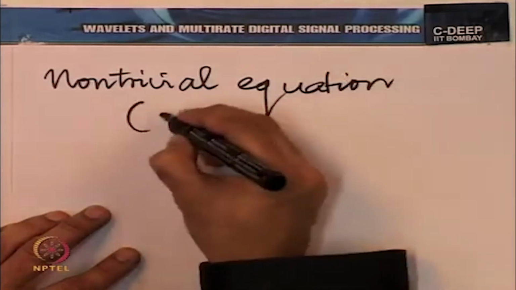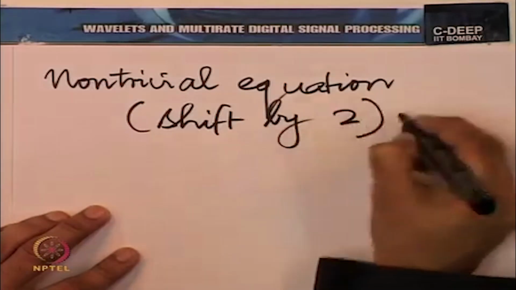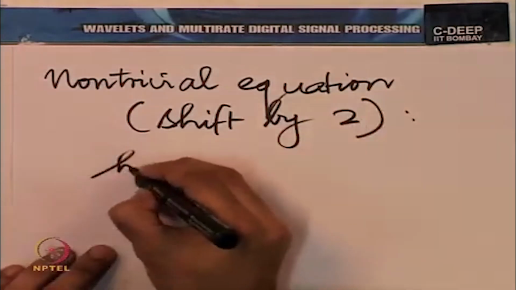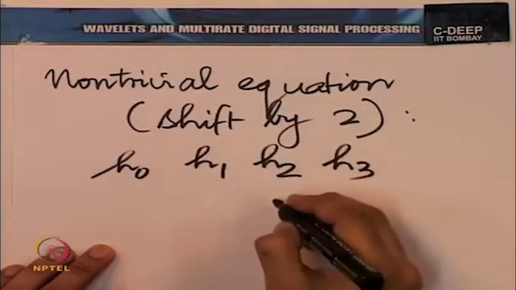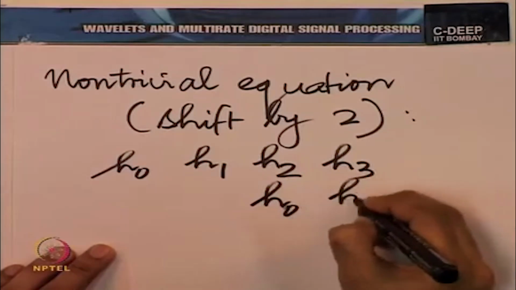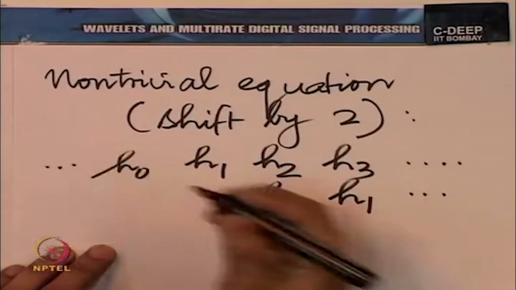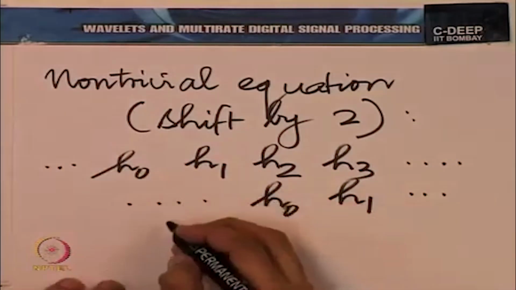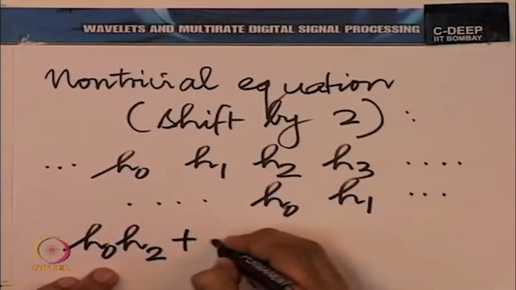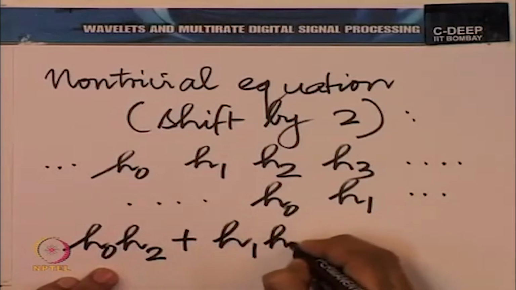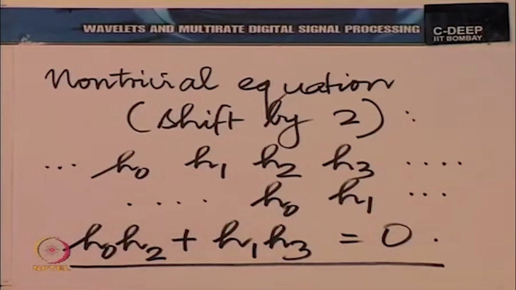It comes from a shift by 2. H 0, H 1, H 2, H 3, and when this is shifted by 2, you have H 0, H 1, and then they are all zeros after this. There are zeros before as well. So, all that you have is H 0 H 2 plus H 1 H 3 is equal to 0. This is the only non-trivial equation that we get.